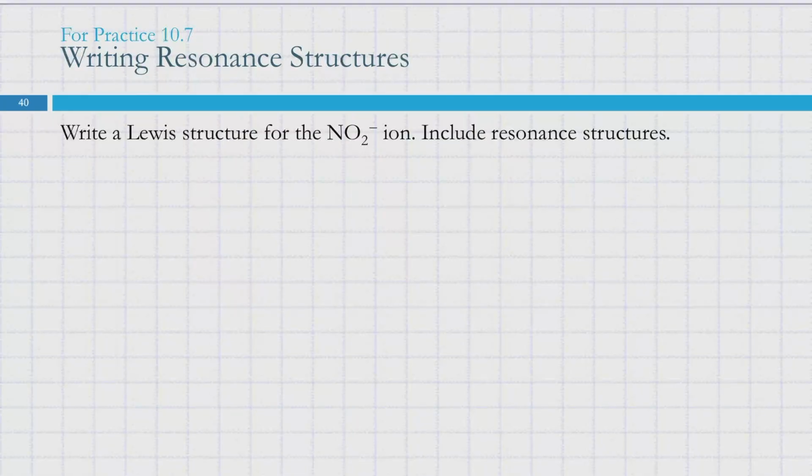All right, hopefully enough time for you to come up with your resonance structures for NO2-. To get these to be symmetrical, we're going to put nitrogen in the middle. Nitrogen has 5 valence electrons.